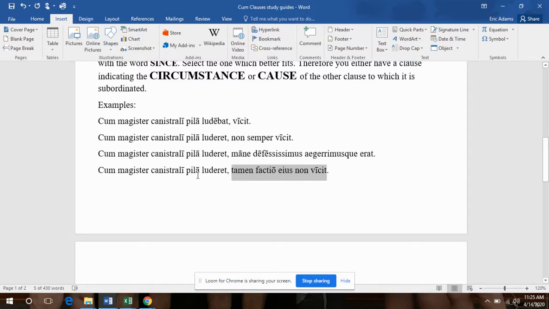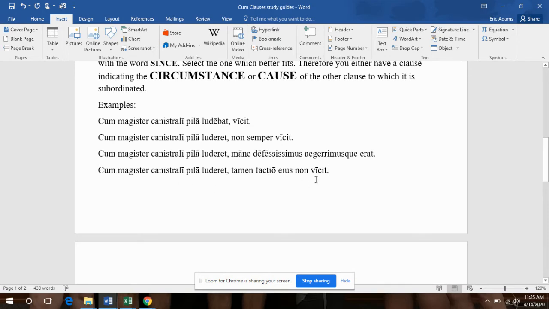Although the teacher played basketball, nevertheless, his factio, nominative, factionis, it's third declension, his team, his faction did not win. So even though I tried my best, the fact that I was playing did not cause my team to win, and so this is offering a concession.